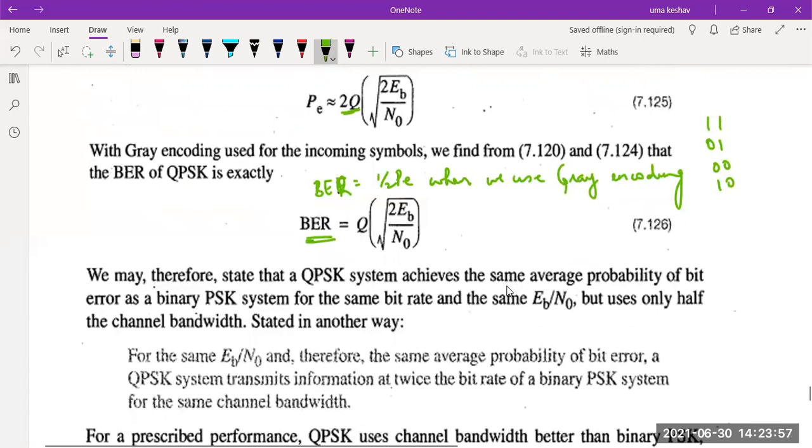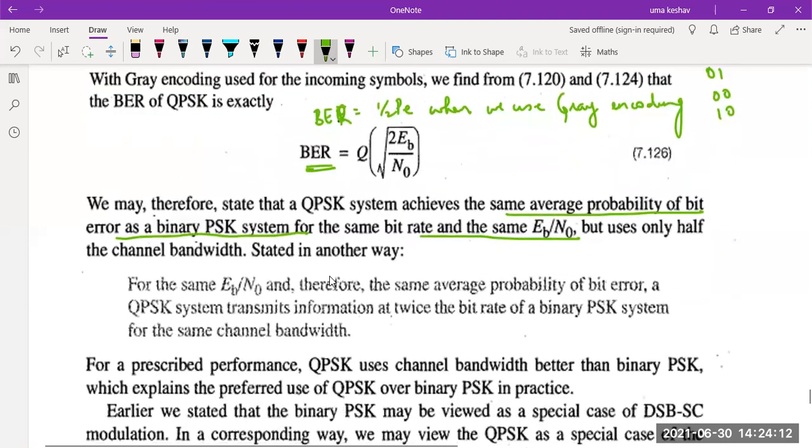Then I will have the same average probability of bit error as the BPSK system for the same EB by N naught, but the bandwidth used in QPSK will be just half of that used in BPSK. So please remember, QPSK is a more efficient system than BPSK.